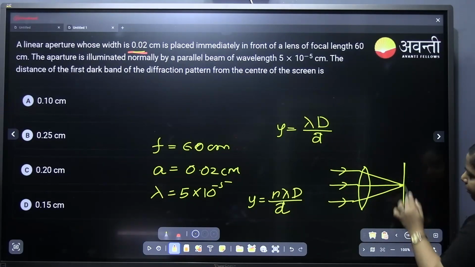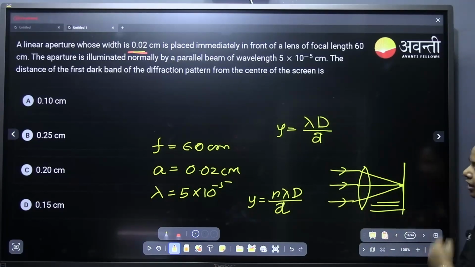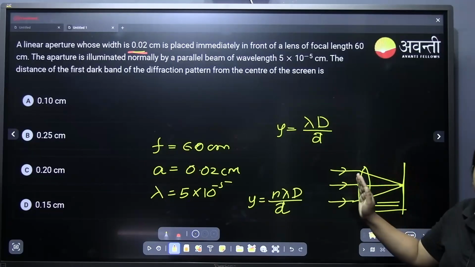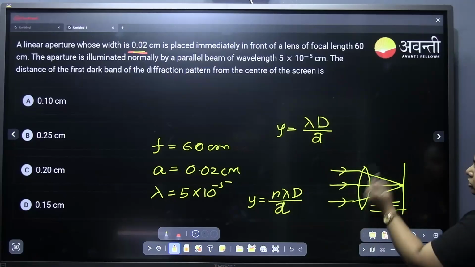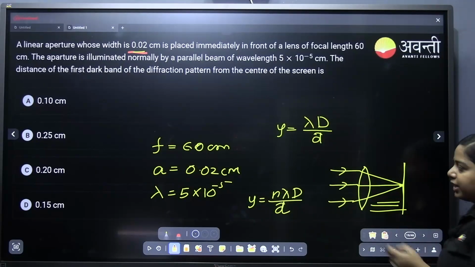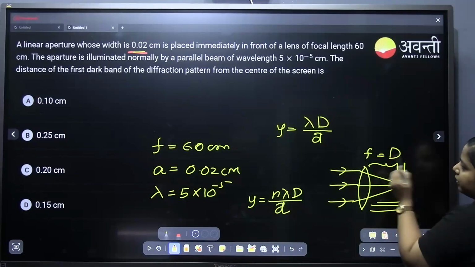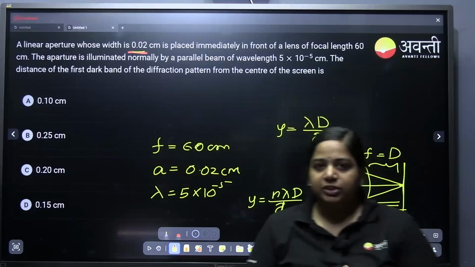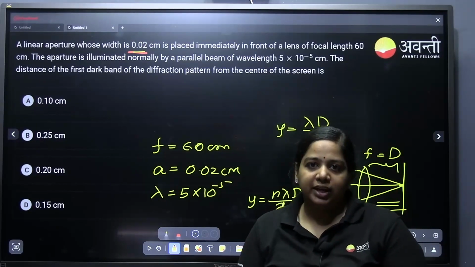So if you keep a screen at the focus, you will get the whole pattern on the screen if we are keeping the screen at the focus of the lens. So this is the same as our diffraction. So this focal length will be equal to D. I hope when you were studying wave optics for your CBSE, you studied about Fresnel and Fraunhofer diffraction.